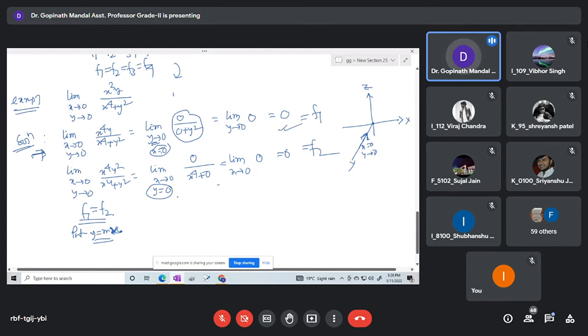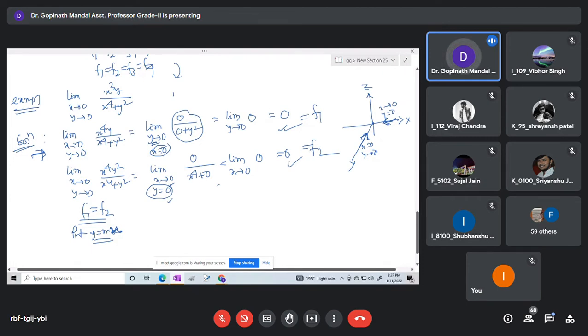And the second case, y equal to 0, x tends to 0. By this way we find the limit.